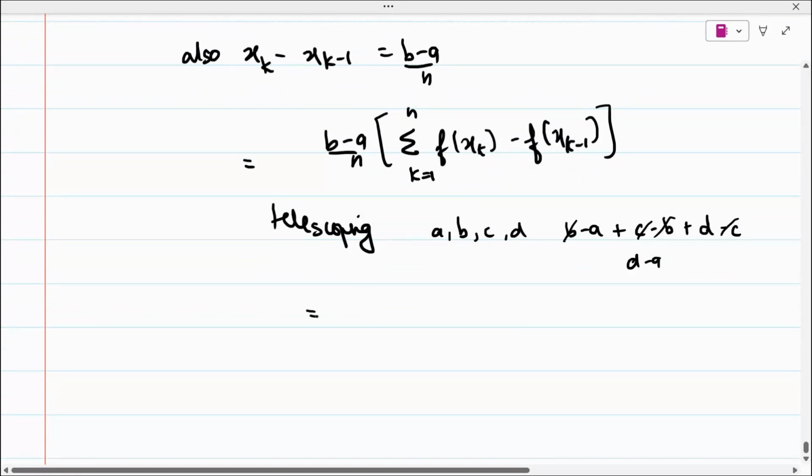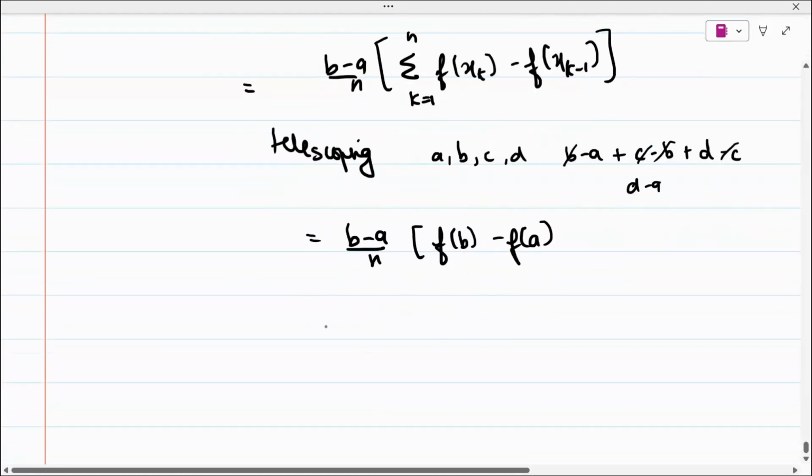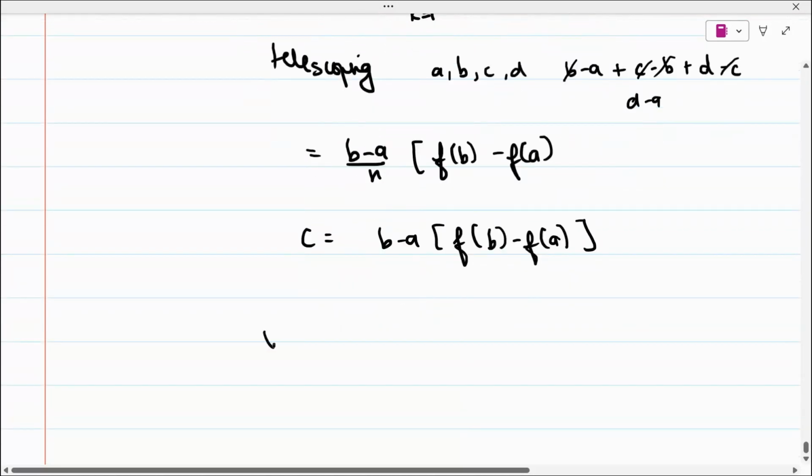So you get (b minus a) by n times f of b minus f of a. So let's define c as b minus a. I'm not clear why the author does this, but anyway.